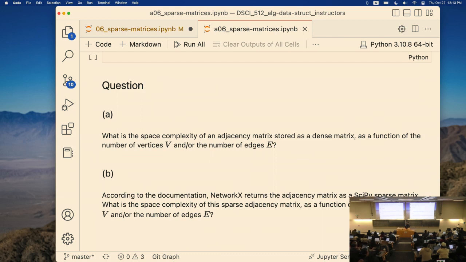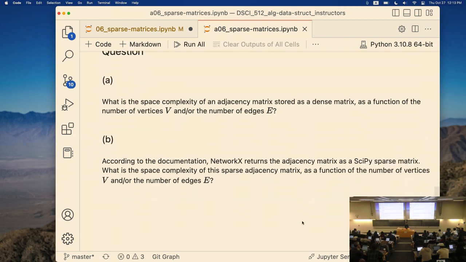I think we discussed this before, but just as a reminder. Yes, it will be V squared, because in general for a graph the space complexity is V plus E. If it's a complete graph, the worst case, E would be V times V minus 1 over 2, and that would be a V squared complexity.